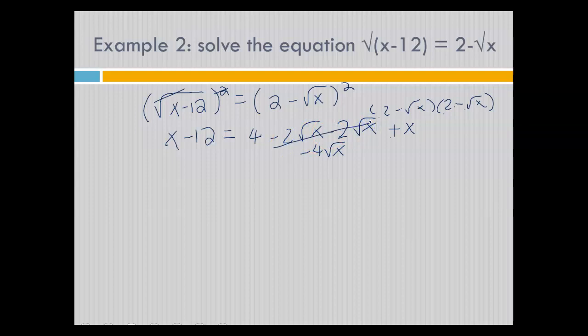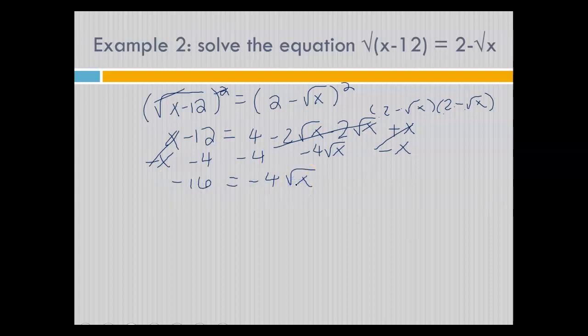Now, can you isolate the radical? Yes. So what we're going to do is subtract 4 and subtract x. What's really nice about subtracting x in this case? The x's cancel. Negative 12 and negative 4 is negative 16, equals negative 4 square roots of x.